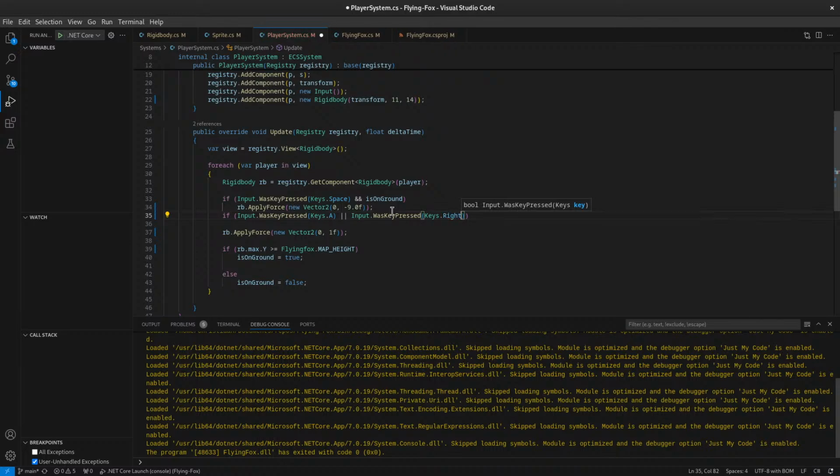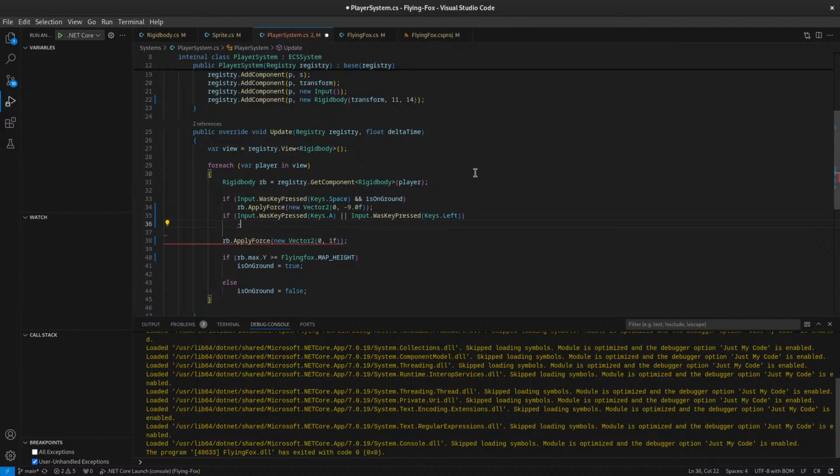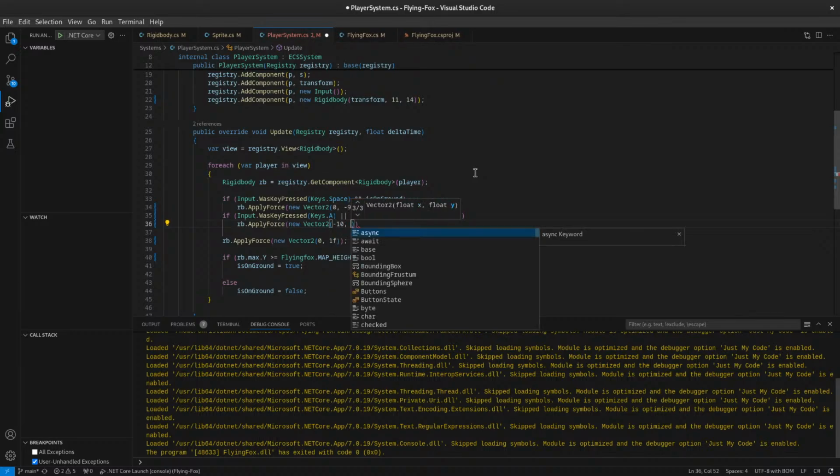The right arrow? Yeah. No, this is supposed to be the left arrow. Left. So if the player wants to move left, we add a negative x force. So apply force. Vector2. Let's say like -10, 0.